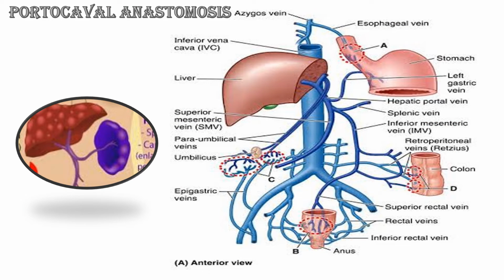Now, let us start with another important part, that is the portosystemic communication or the portocaval anastomosis. We have studied all about the portal vein till now. So, if there is a portal vein, there will be some pressure in that.